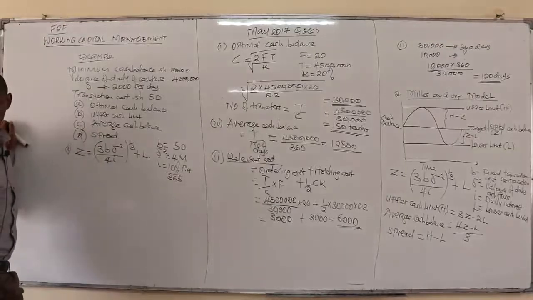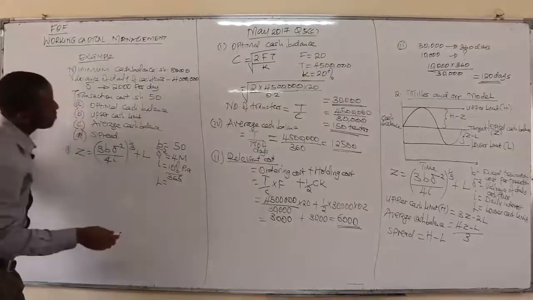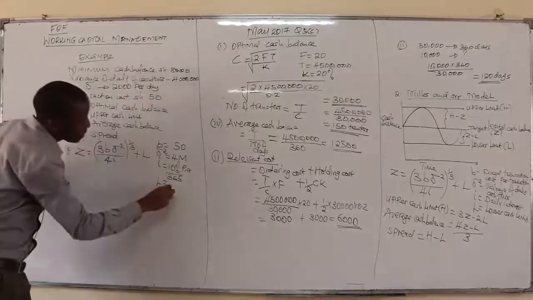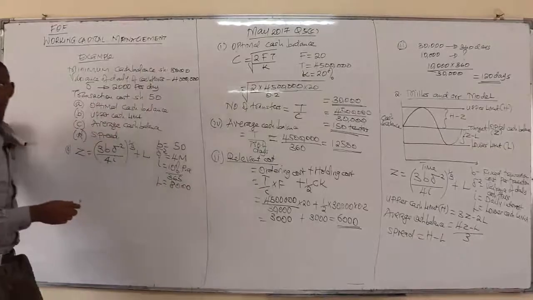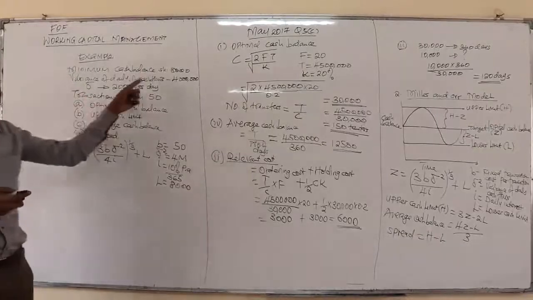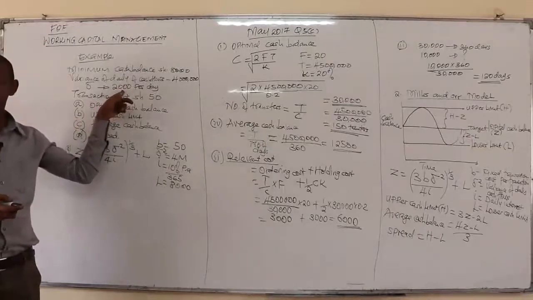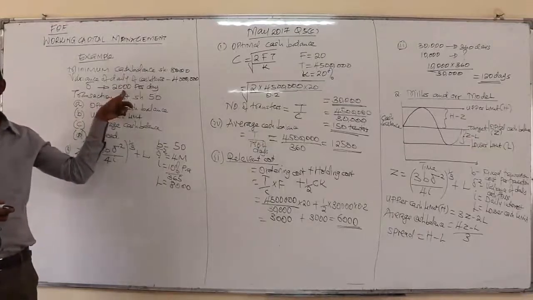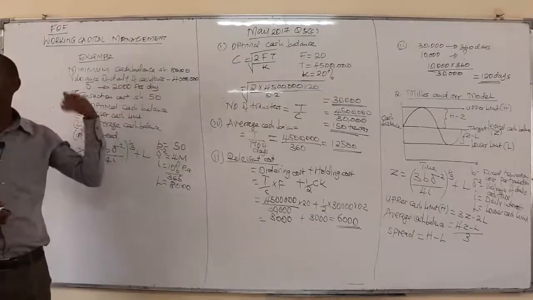And then the other one is the lower cash balance, which is the lower limit, 8,000, the minimum cash balance. Are we together? Now, in this case, remember, for you to get variance, you normally square the standard deviation. They can give you the standard deviation, in this case it's just a confusion.